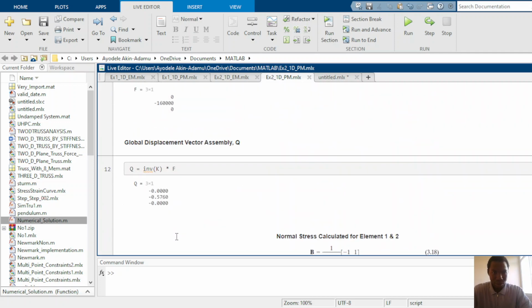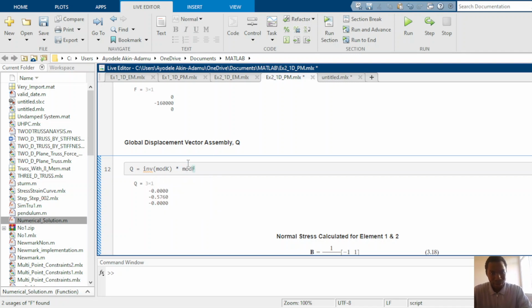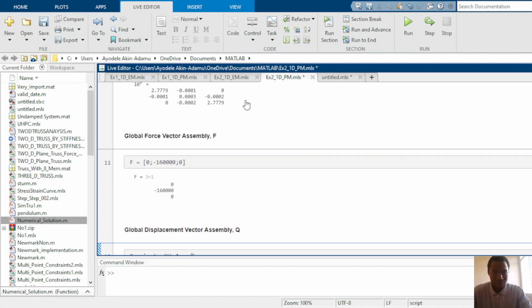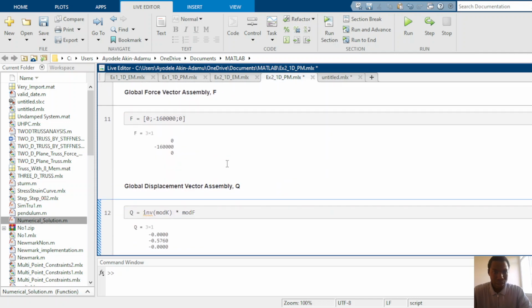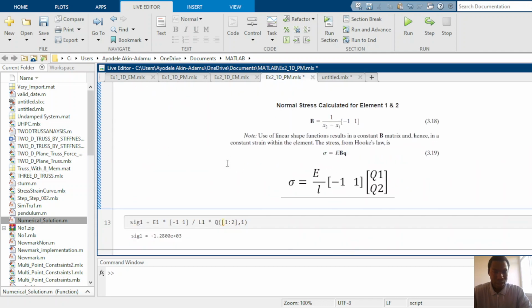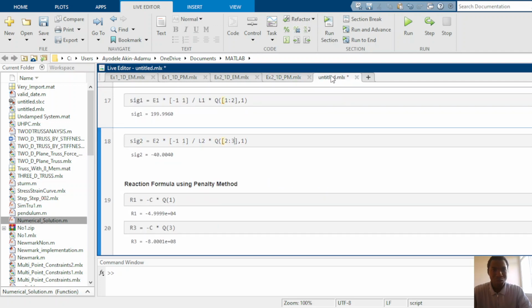So let me inspect the code. Yes, our Q is supposed to be mod Q, and this F was not modified. That's the problem. This F is supposed to be mod F, which I modified here. Okay, this is not the code I was using.